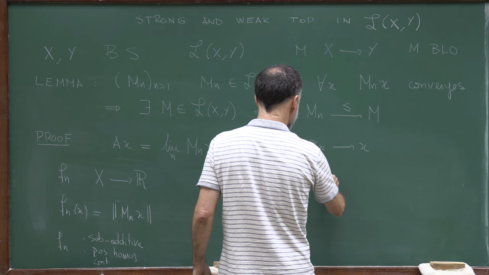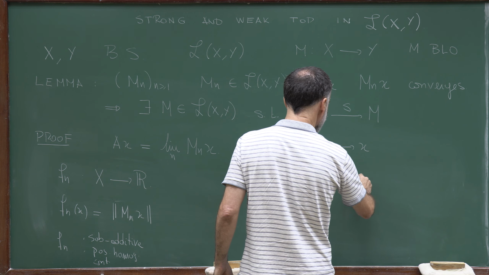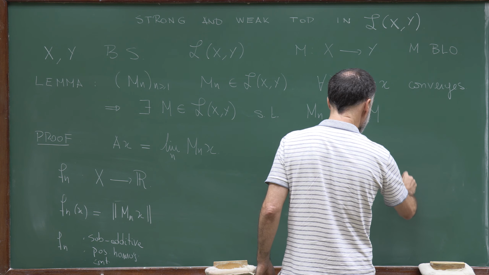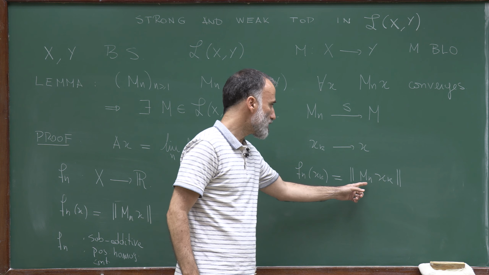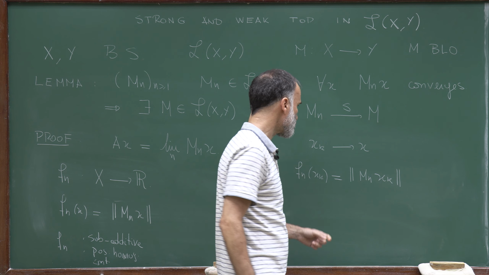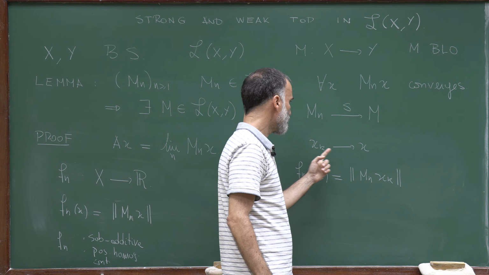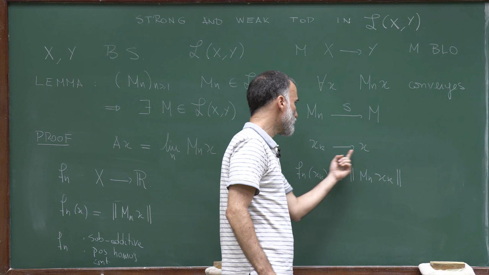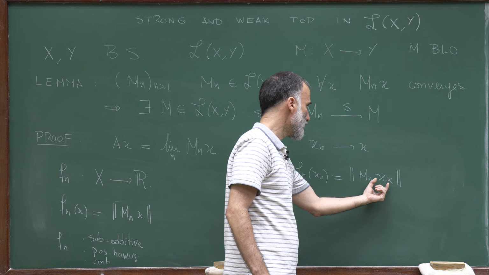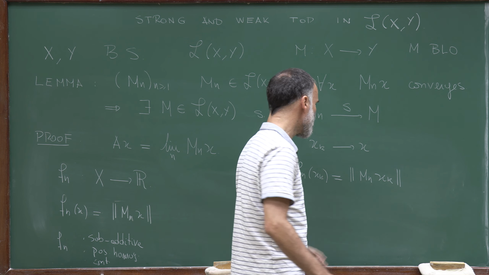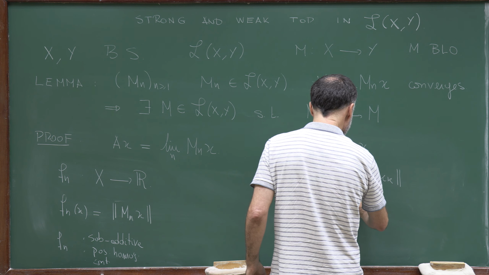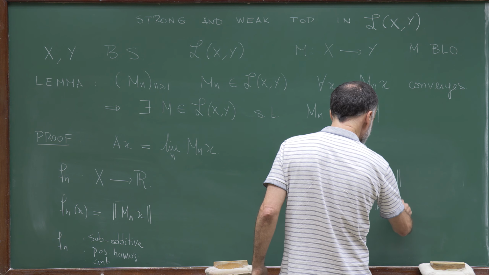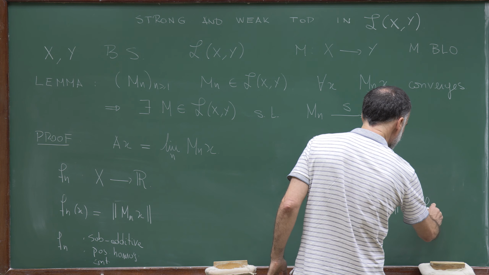Fn xk is equal to the norm of mn xk. But since mn is a bounded operator, it's continuous, and xk converges to x, so mn xk converges to mn x, and therefore the norm of mn xk converges to the norm of mn x, and this is fn of x.